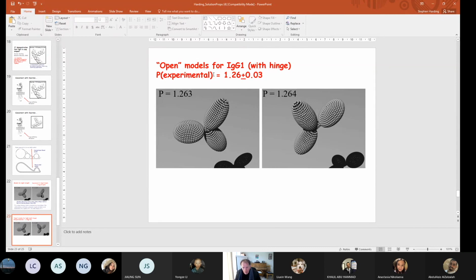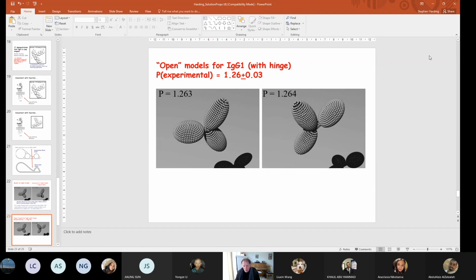And then for IgG1 with the hinge, we find experimentally the value is 1.26, and this agrees again with these open conformations for the p-value. P-values which we get from measurements of the sedimentation coefficient properties of the molecule.